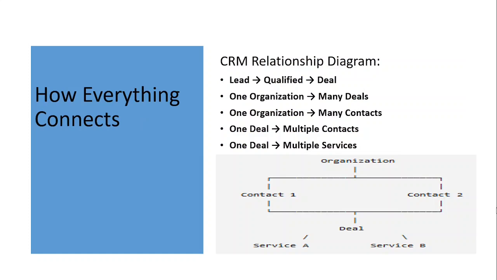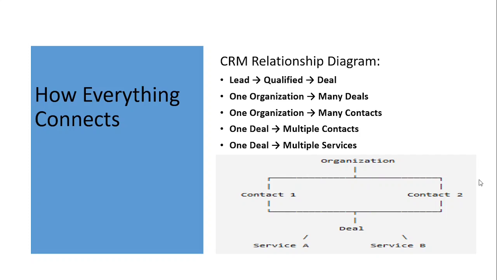Before building our CRM, it's important to understand how all information is connected. Let's imagine a real example. A company called ABC Manufacturing visits your website and fills out your contact us form. Initially, they become a lead because they've shown interest but haven't been qualified as yet. After speaking with you, you discover they're genuinely interested in your services. At this point, you convert the lead into a deal.